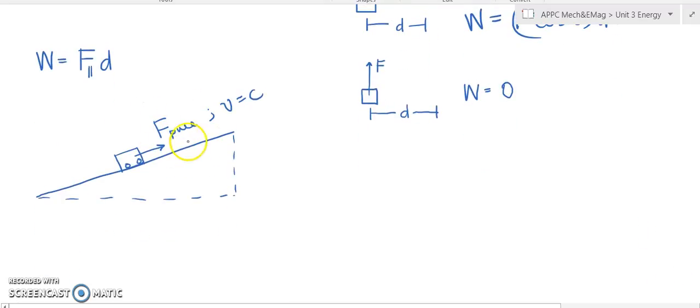What would the pulling force have to be equal to, to get the object to the top as it goes from 0 along this delta x?